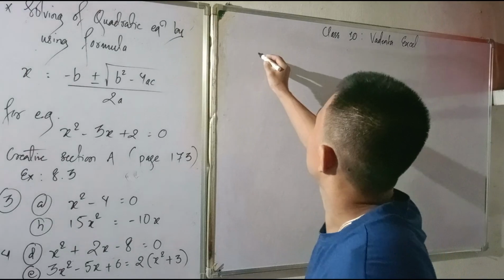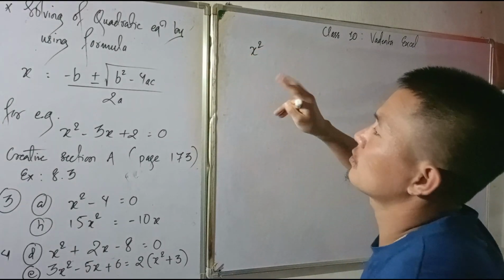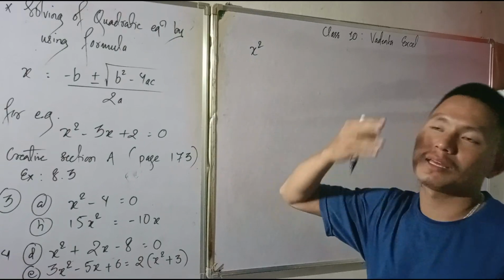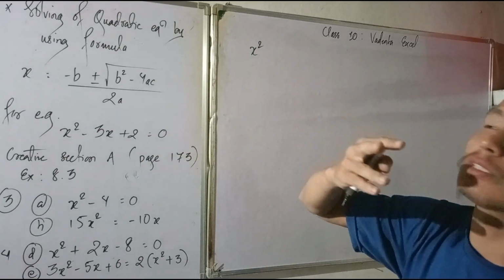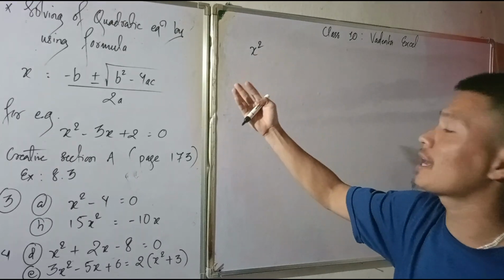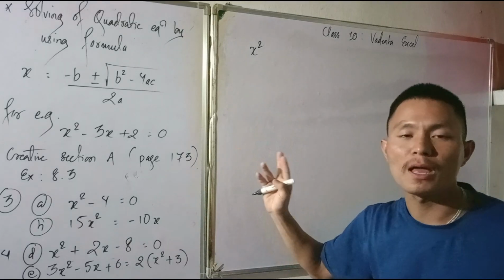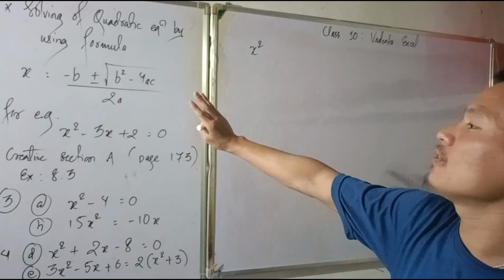In the previous exercise we did two methods: first by factorizing, then by completing the square, and now by using the direct formula x equals minus b plus minus under root b squared minus 4ac divided by 2a.